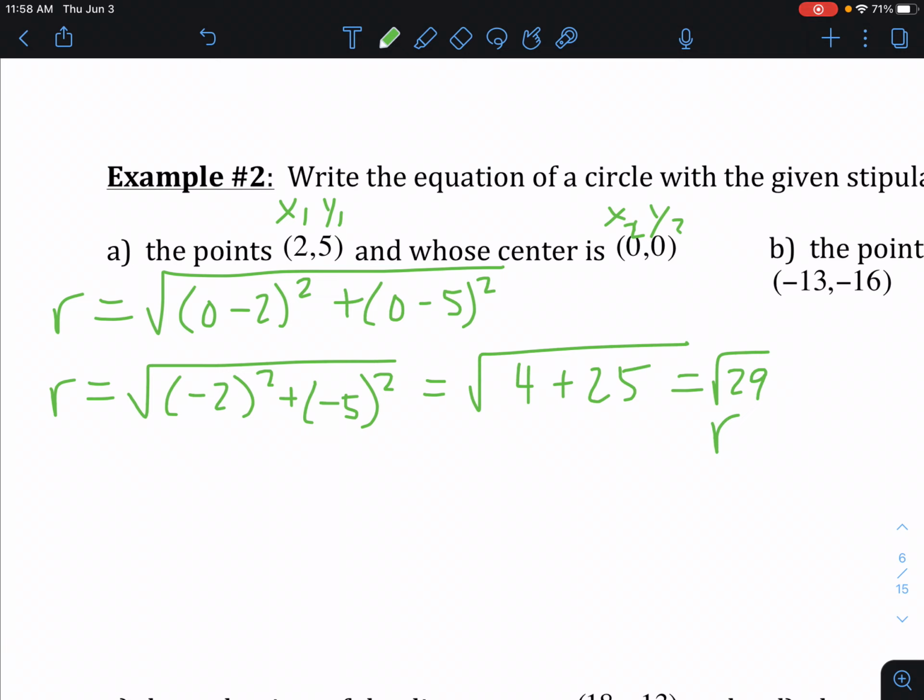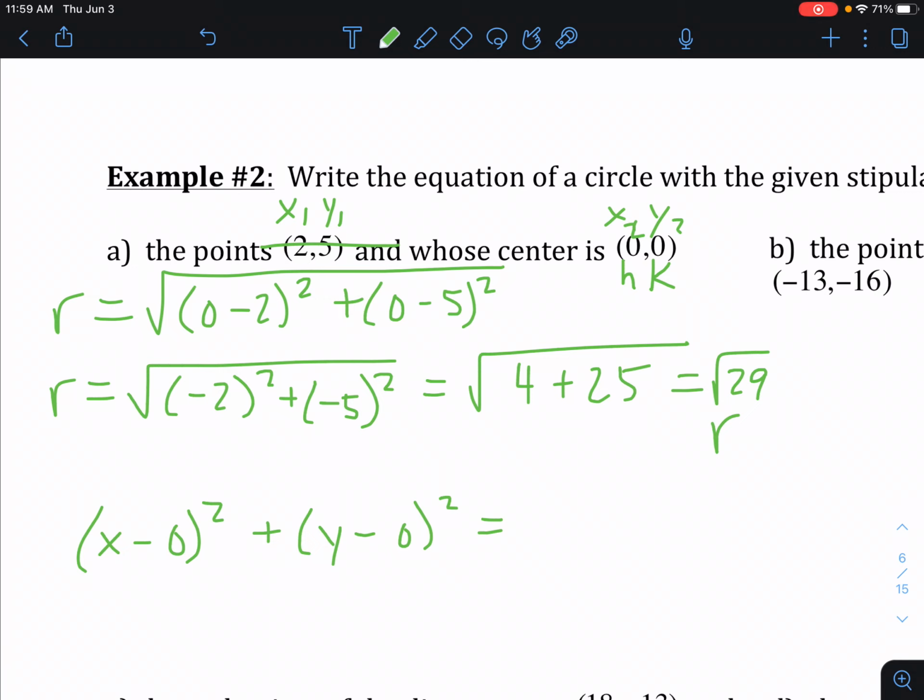So now I have the center, that's h, k. You've got to use your center for h, k. Don't use the 2, 5 for the formula. So you'll have x minus 0 squared plus y minus 0 squared equals, actually we're going to clean it up too.